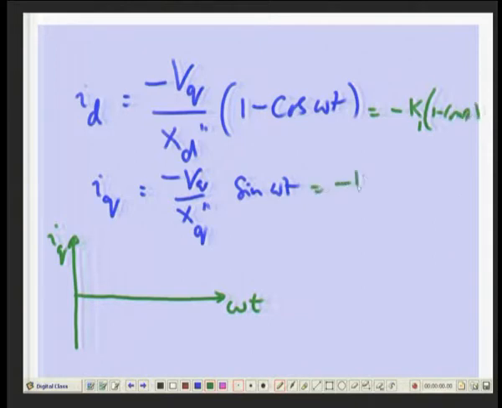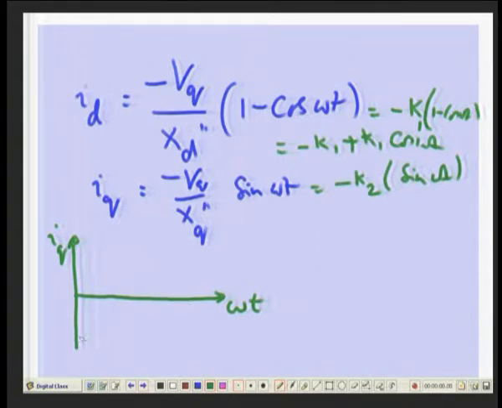This will be minus some constant k2 into sin omega t. Okay. So, this will be minus k1 plus k1 cos omega t. Okay. So, what is 1 minus cos omega t? It will be minus, no?